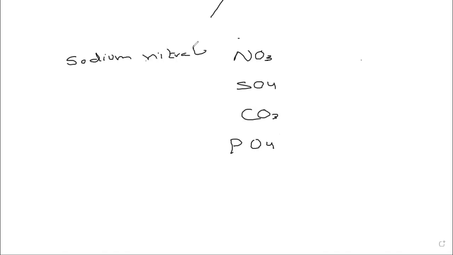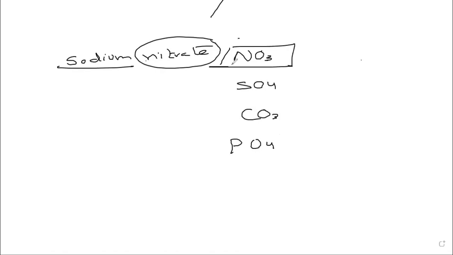Sodium you will find in the periodic table, but if you look for nitrate, you will not find it in the periodic table, because nitrate is not a single element. It is a group of atoms. It is a radical. And these radicals, when they come at the end of the formula, their name will end in ATE: nitrate, carbonate, sulfate, phosphate.